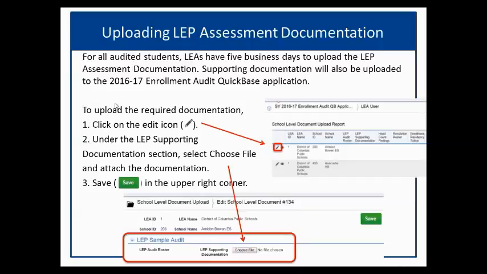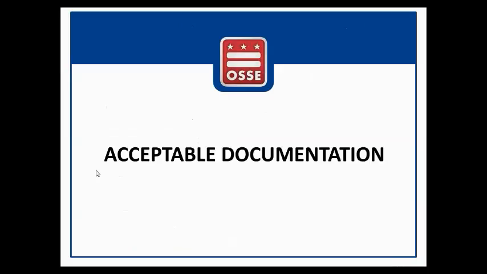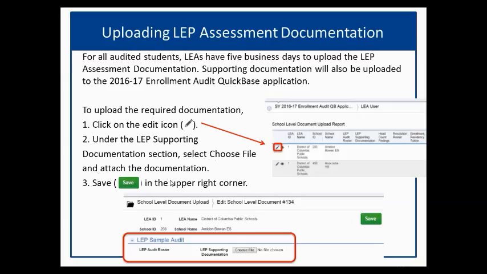And so if you had 3 students whose documentation is being uploaded, I recommend scanning those documents in one file and uploading, though you can upload multiple. You'll only see the last file you upload, but the other files will be maintained on the back end. So you choose the file you want, and then you press save, which is in the upper right-hand corner.